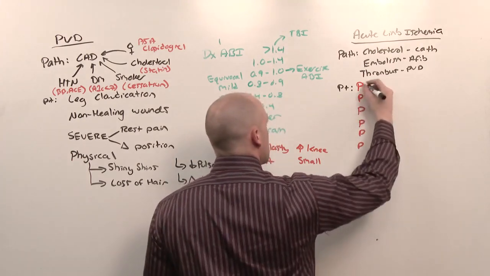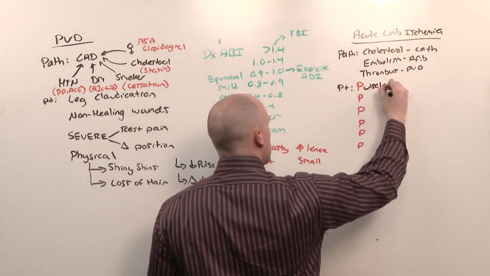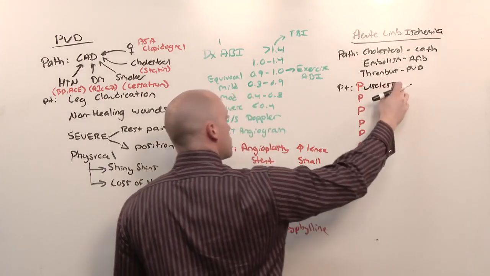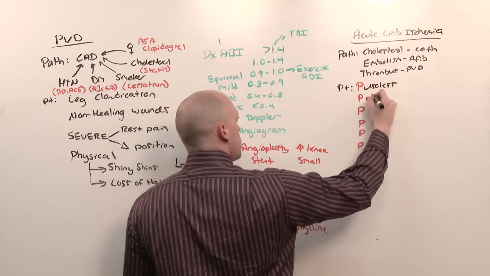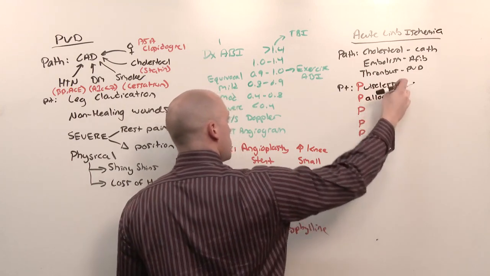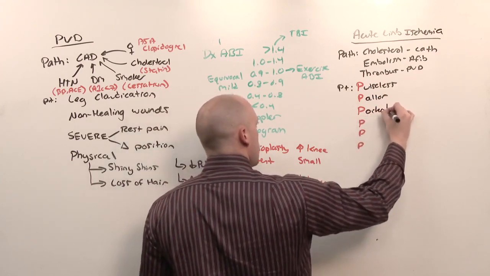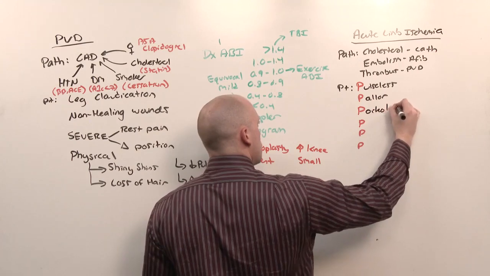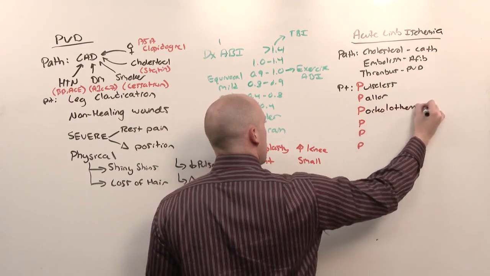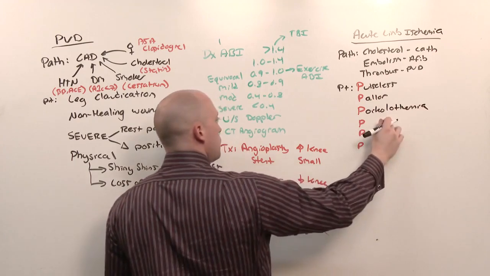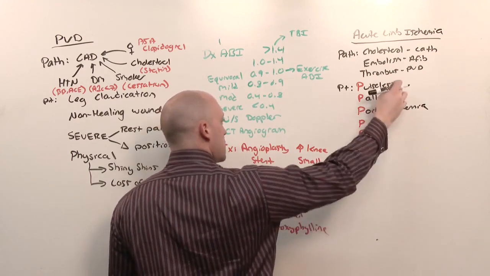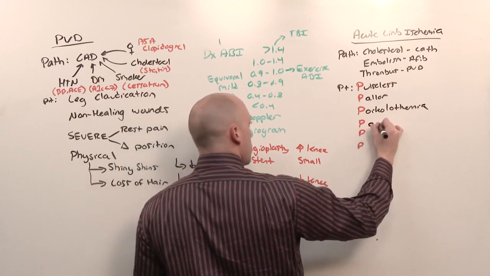Because there is pulselessness, no perfusion to the distal tissues, they're going to get pale. And that limb is not getting any warm blood, so it's going to get cold. The way you say that, to use a P, is poikilothermia. All it means is that the limb is cold. Because it's ischemic, not getting any blood flow, it's going to hurt.